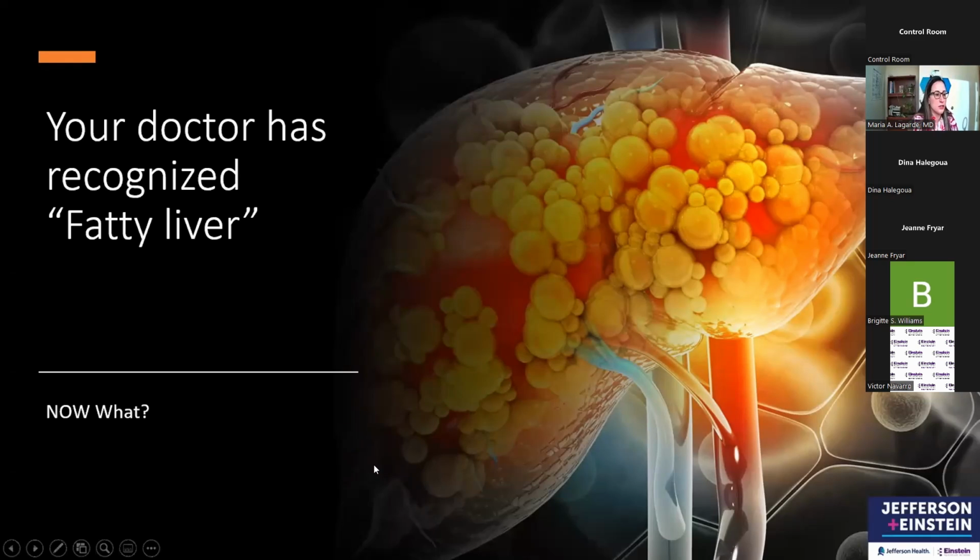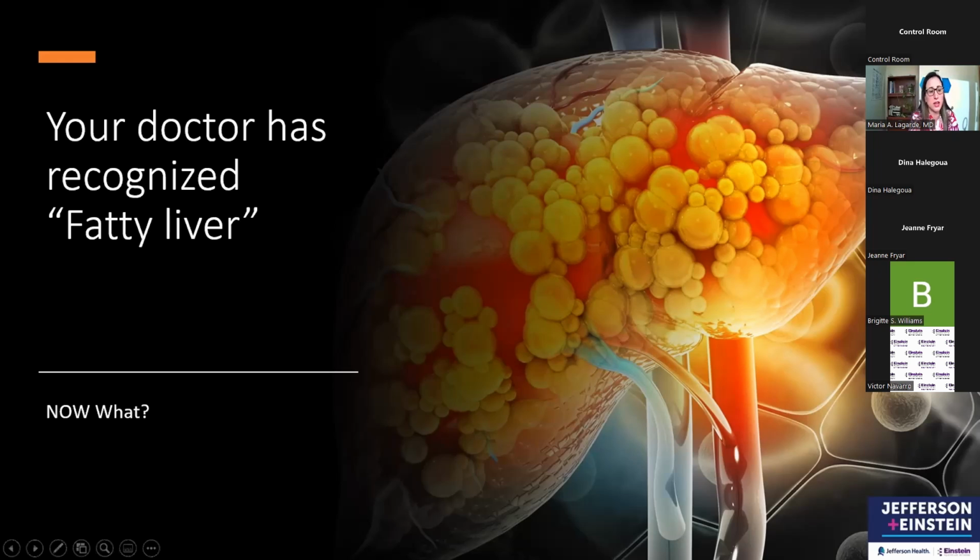So your doctor has recognized fatty liver disease in some form. Now what? First, how does a doctor recognize that fatty liver is present? Well, there are a few ways. One is your primary care practitioner may have seen abnormal liver tests, as we spoke before, and we'll touch base on what those abnormal liver tests are, such as elevation of ALT.